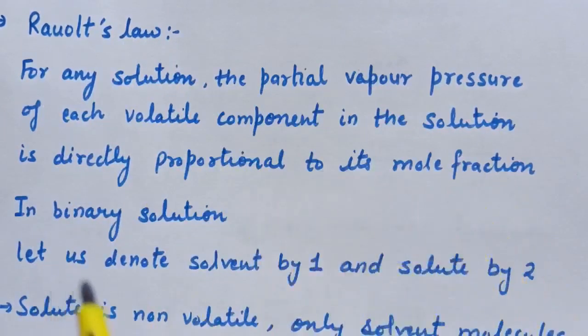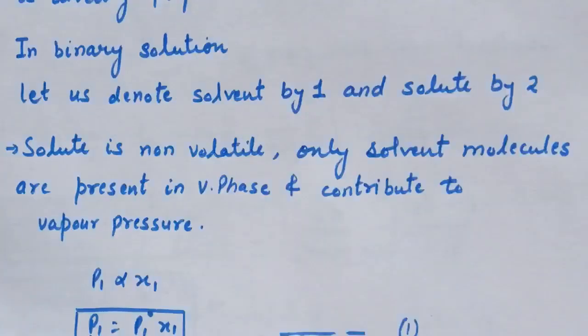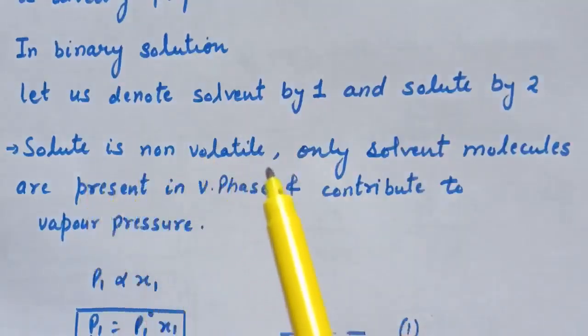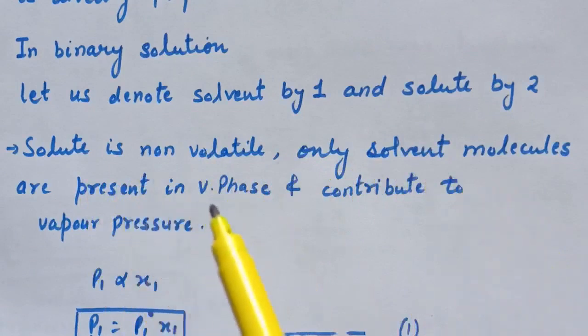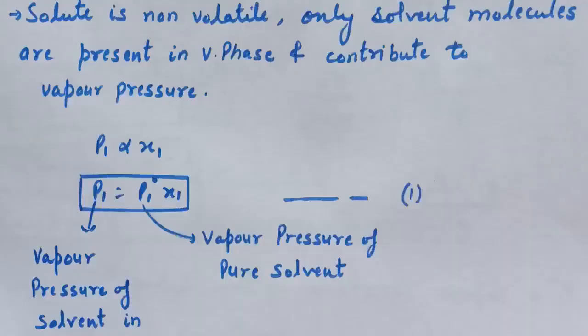Now here the solute is non-volatile and the solvent is volatile. So let us denote solvent by 1 and solute by 2. As the solute is non-volatile, only solvent molecules are present in vapor phase and contribute to vapor pressure. That is, we can apply Raoult's law in case of solvent only.